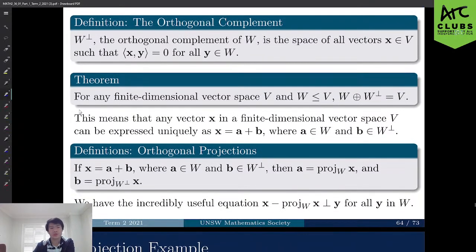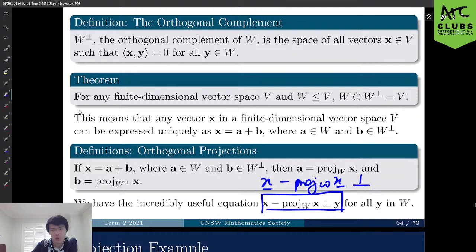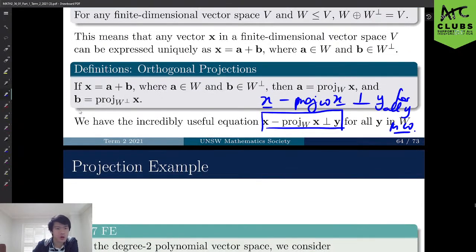And so this is a really important equation. We should use this whenever we're working with any projections. X minus the projection of x onto W is perpendicular to y for all y in W. Why is that? It's because when we think about it, x is going to be equal to its projection onto W plus its projection onto W complement.